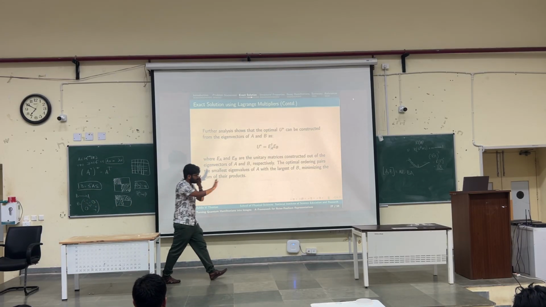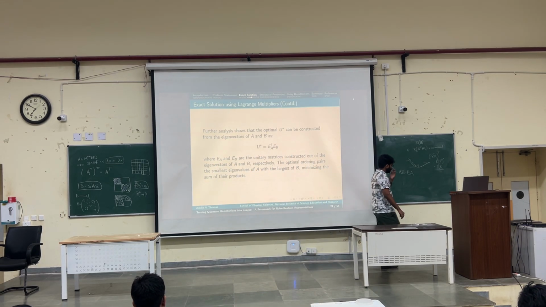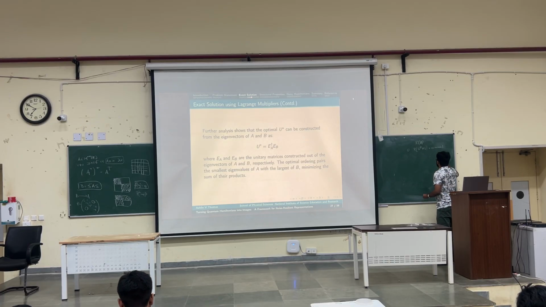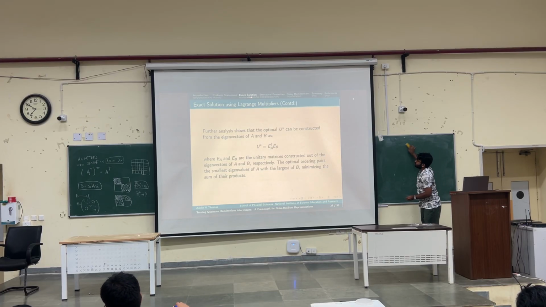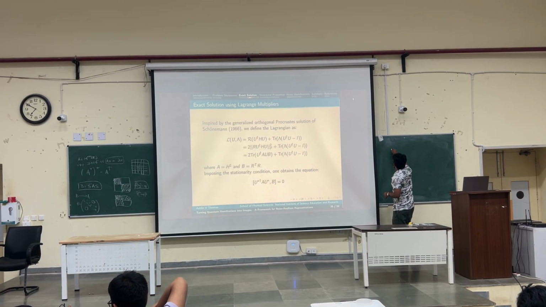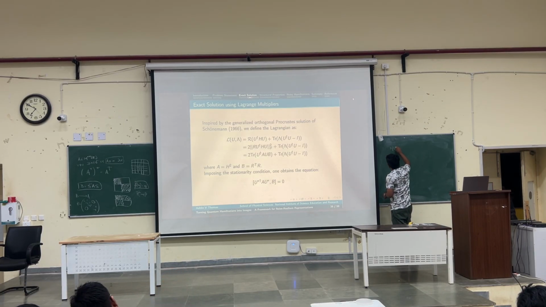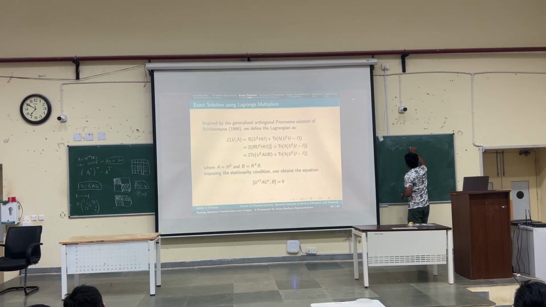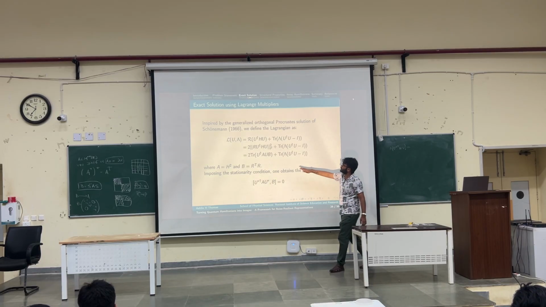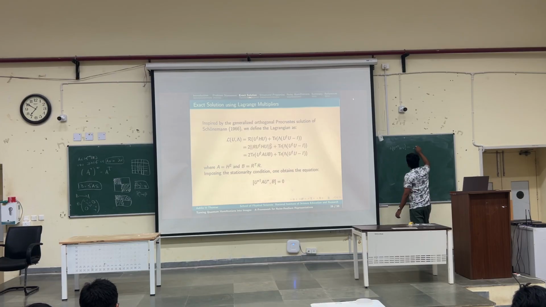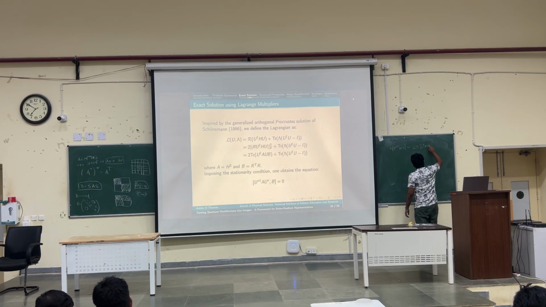Now I will sketch a short proof of this. You want to look at the roughness of U star dagger H. This is, I have written here, twice of U dagger H. How do you arrive at this?